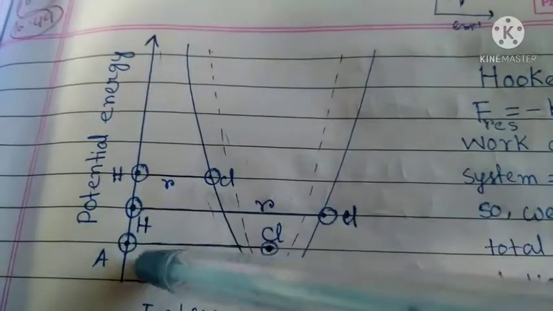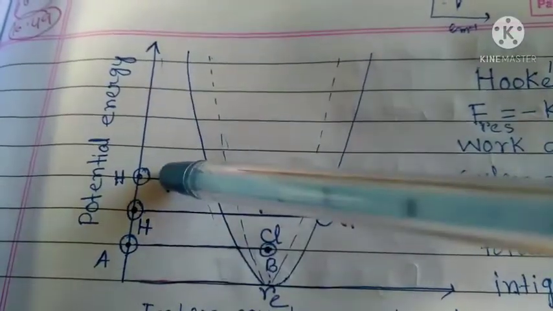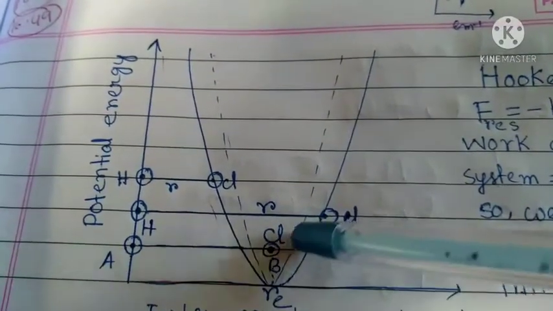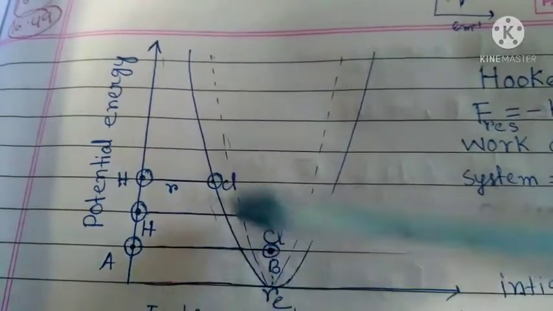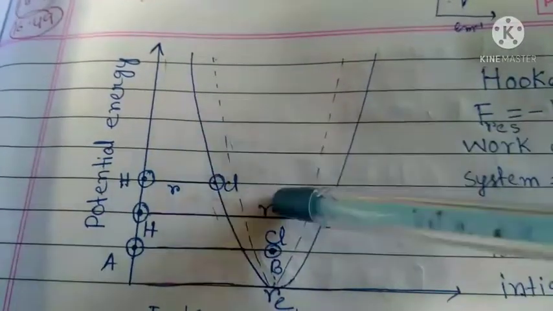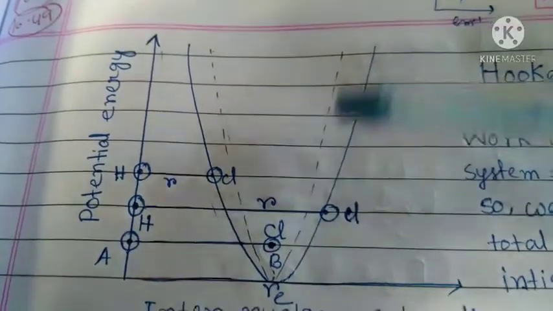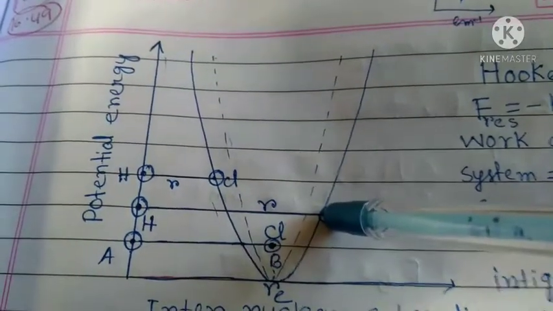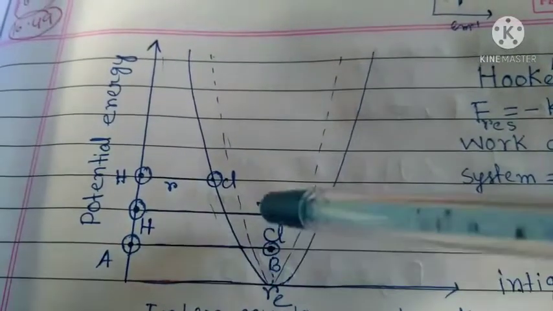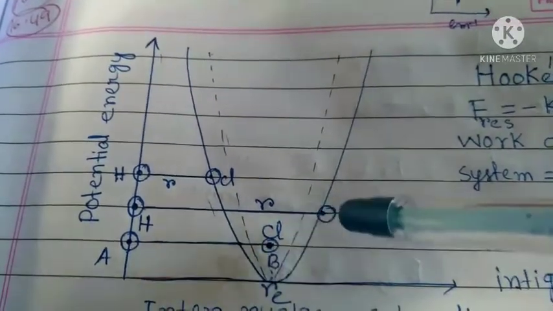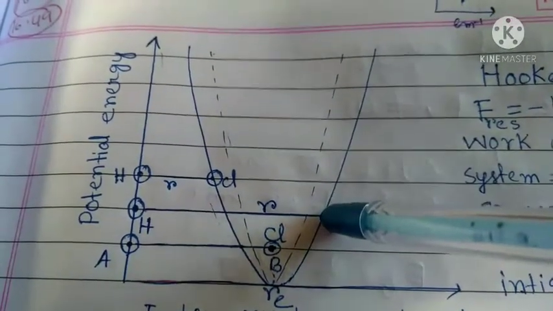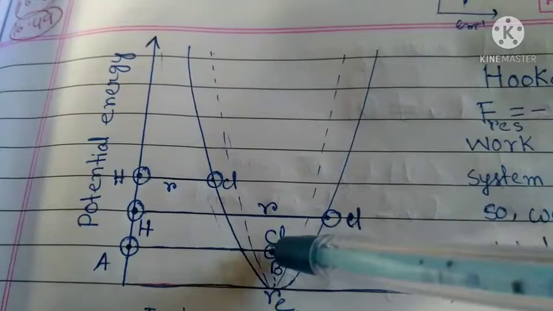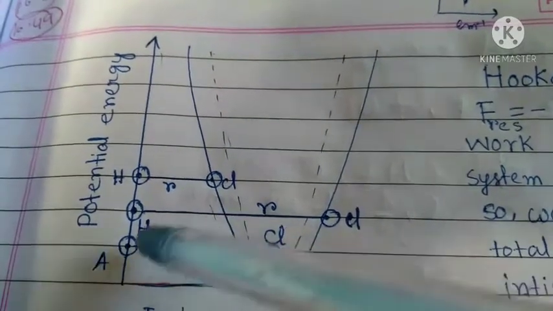Suppose here is the elongated bond, here compressed. We fix the position of the H atom, and only the position of the Cl atom keeps changing during the transition between the vibrational energy levels. If the chlorine atom goes from this position to this position, then after vibration, if we want our molecule back, the chlorine atom should get back its position to maintain the equilibrium distance between H and Cl.